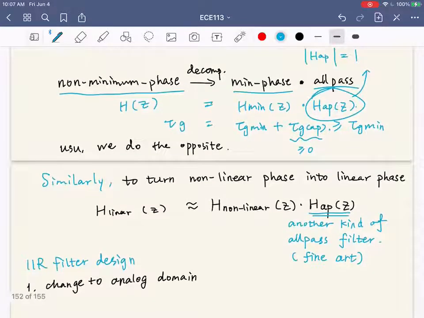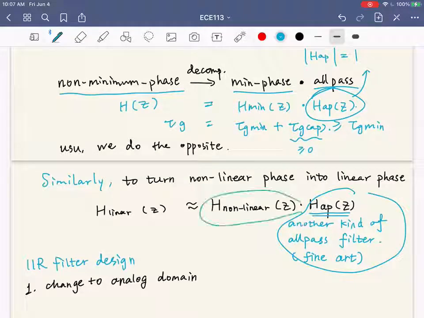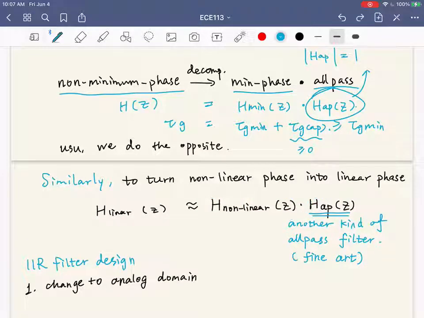So as we see here, similarly, we can also choose a carefully designed all-pass filter and multiply it with our nonlinear phase system to get an approximately linear phase system. It is fine as long as you understand the concepts.